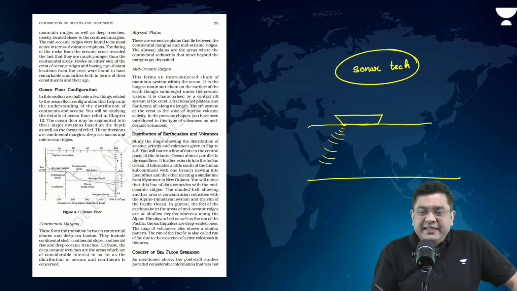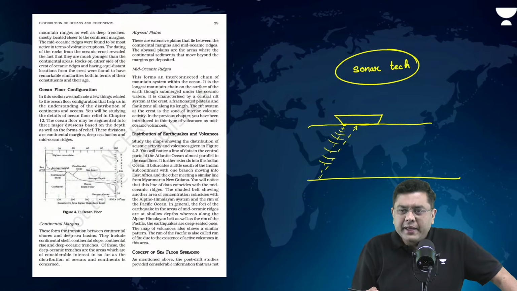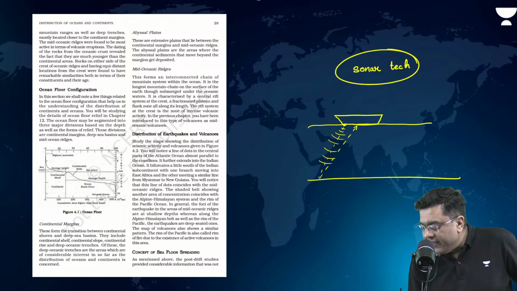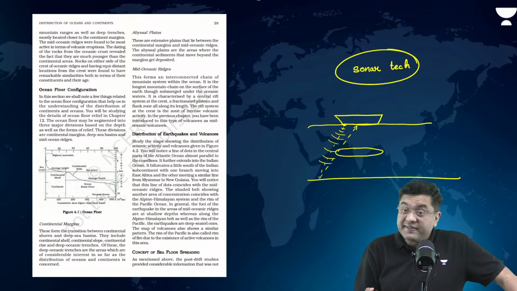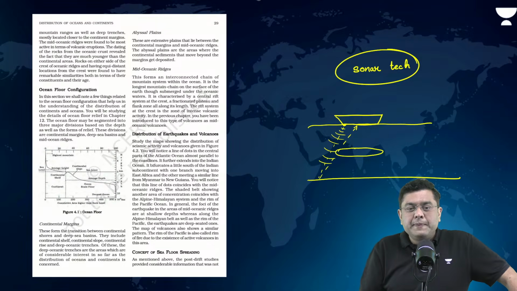Okay, these signals, sound waves, would bounce back and would be captured. If, let's suppose, any submarine or anything else was in the path, the signal would be different and you could detect it. That is where sonar tech was used.